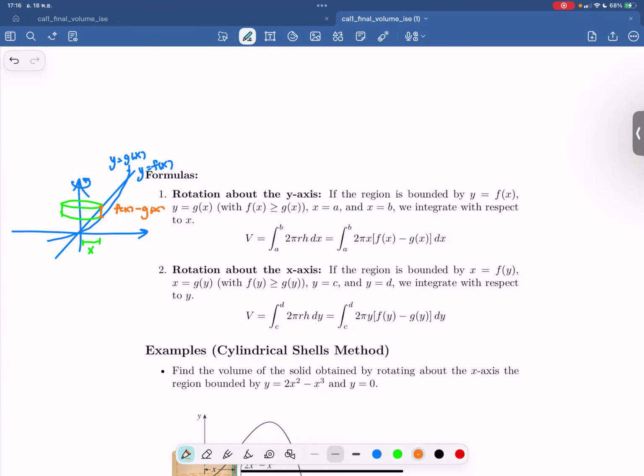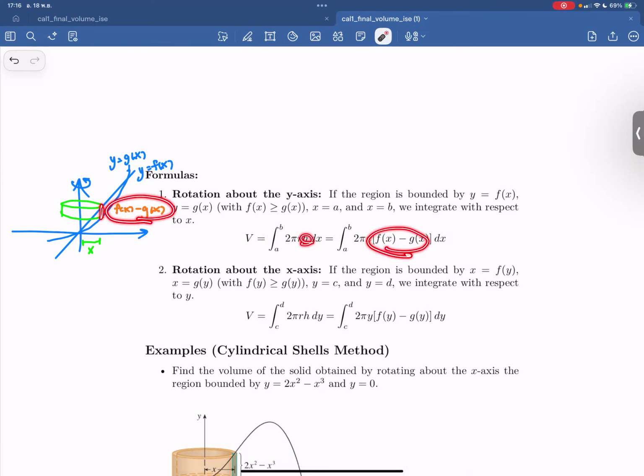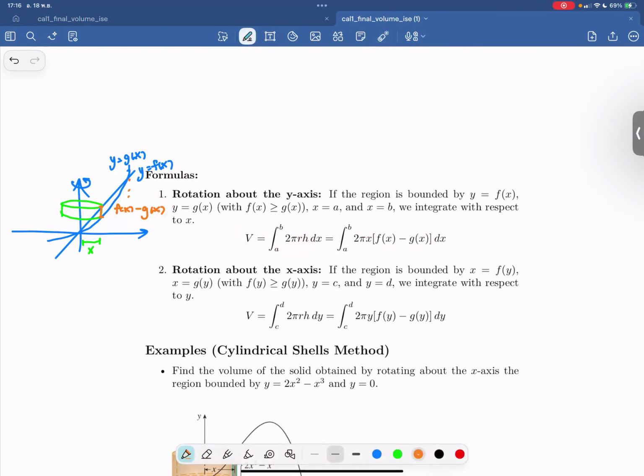So combined, you have the volume of the rotation by putting 2 pi, and then substituting r with x and the height with the difference of the functions. And then you put the boundary of the integral from a to b and we are done.